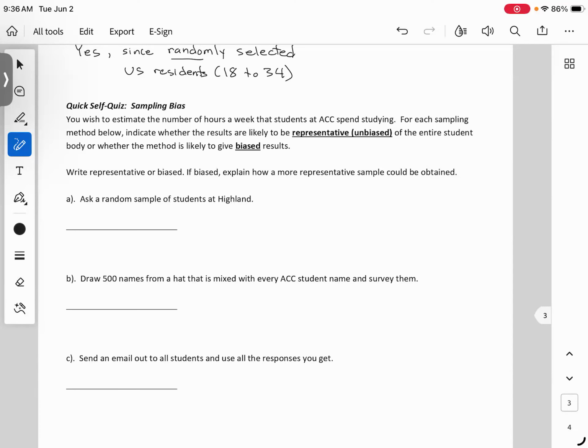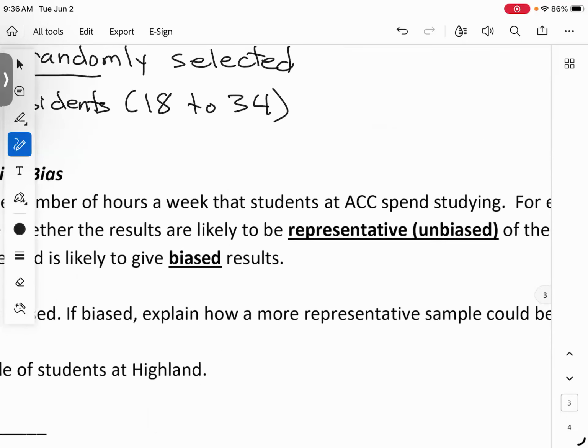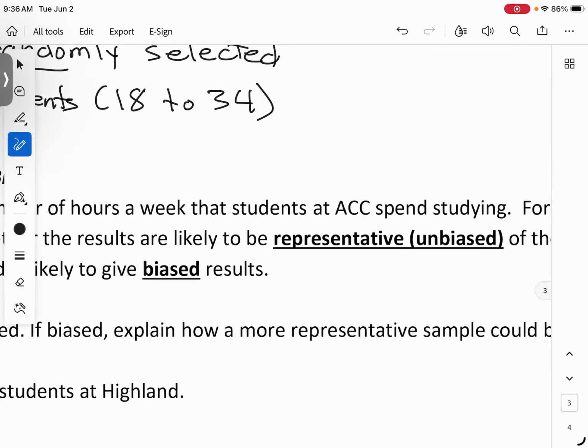So in this scenario, what if we wanted to collect data from students at ACC, but I'm going to put the word all? We want to know something about all of the students who are at ACC. And specifically, we're trying to get how many hours a week that they study.